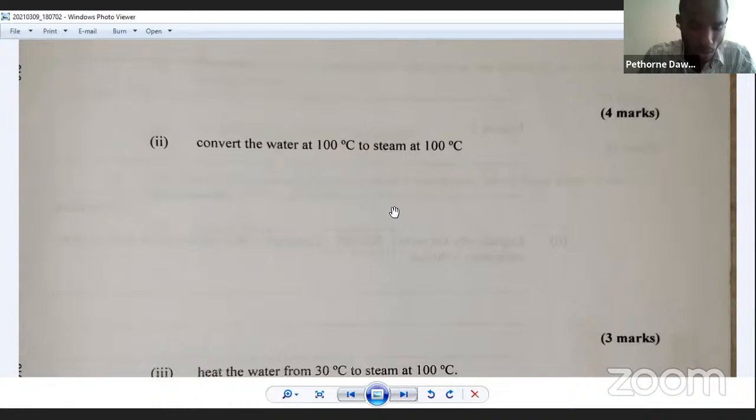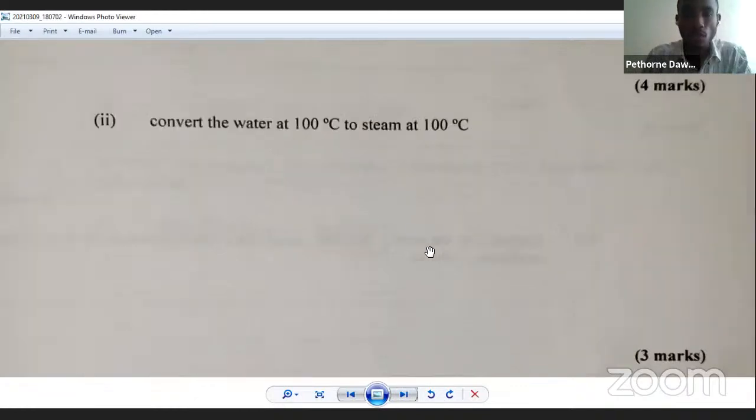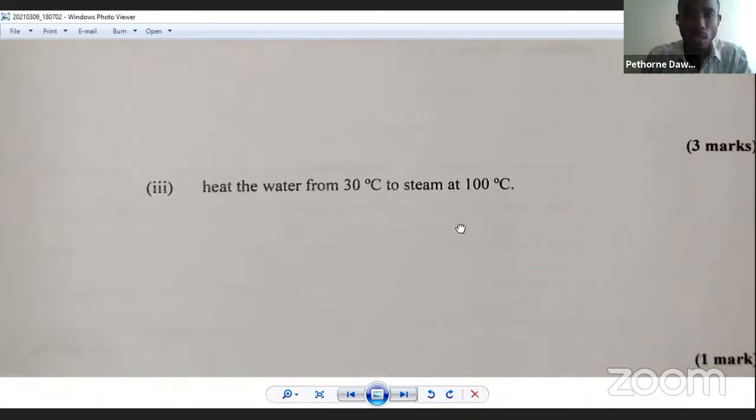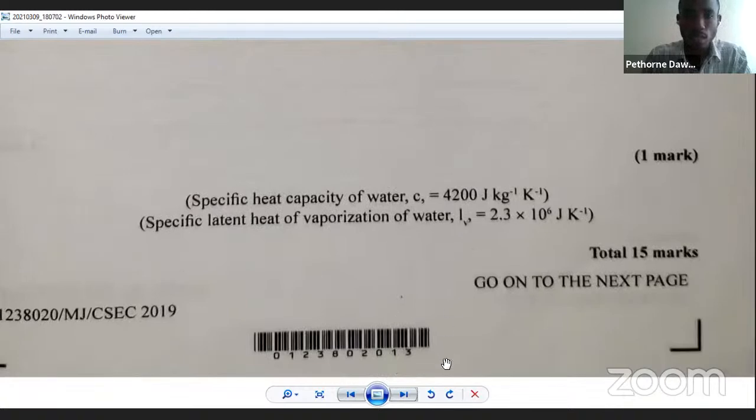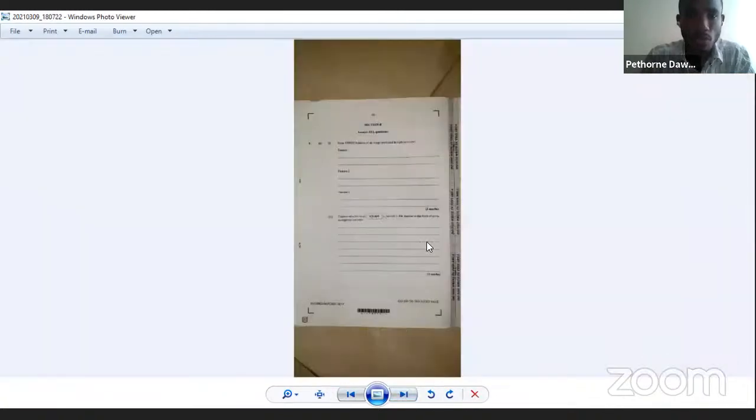And then we add the two values and we get 3,891,000 as our final value, which is the answer for the heat, the water from 30 degrees Celsius to steam at 100. And that is the end of question 3, I believe.